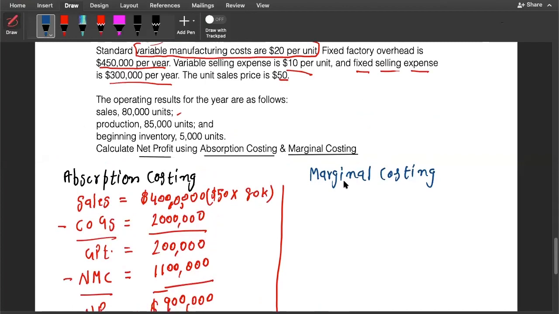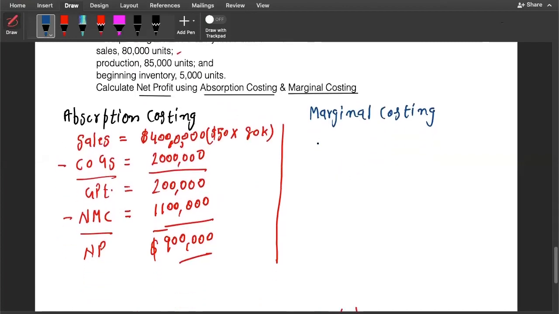So how much is the sales? It's 4 million, which is the same as absorption costing.